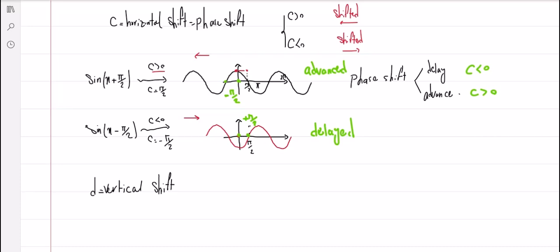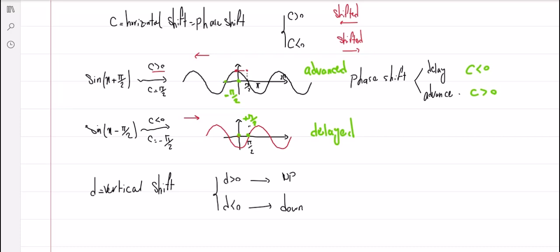So if d is a positive value, it means that the function is going to be moved up. And if d is a negative value, it means that the function is going to be moved down. The d value is actually going to just move the whole function to the upside or the downside, and it's going to move its center line as well.